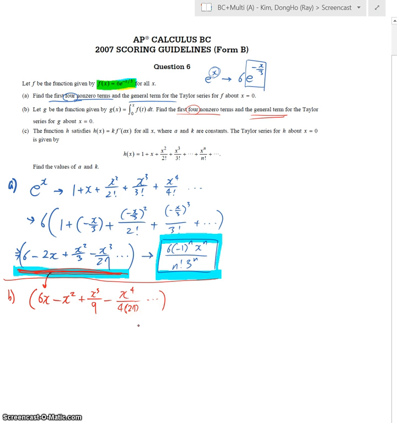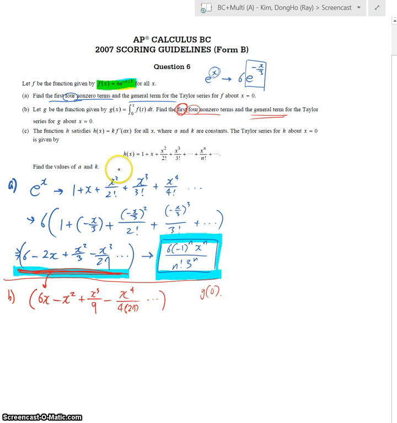Be careful, because it asked us for the first 4 non-zero terms, and I'm 100% sure this is not the first 4 non-zero, because there's an x. The very first term of the Taylor series is always when you plug the value into the function, so in this case it's g of 0, and when you plug in 0 to x, the interval is from 0 to 0, which is 0.